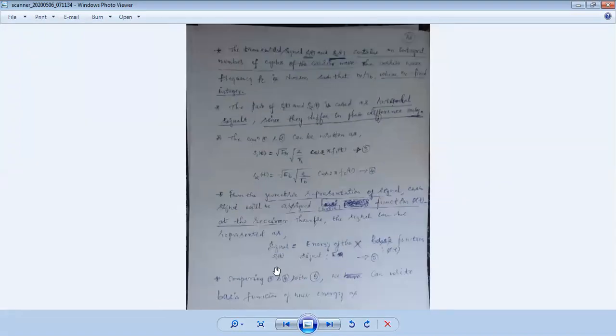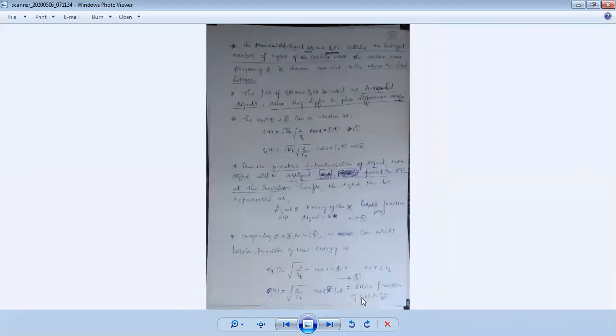So when you say the signal Si of t is equal to the energy of the signal times the basis function phi of t, and compare with this function, we can get the basis function. That is phi 1, which is multiplied to the signal before sending the message, as was clearly told in chapter number 2. That is the geometric representation of the signal.